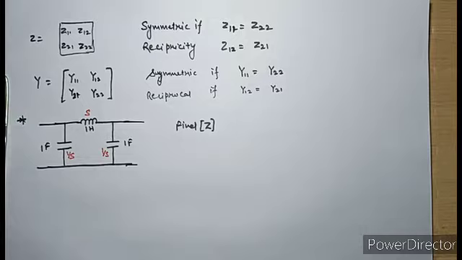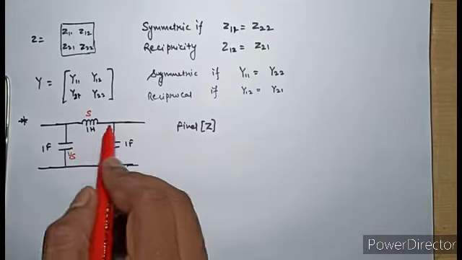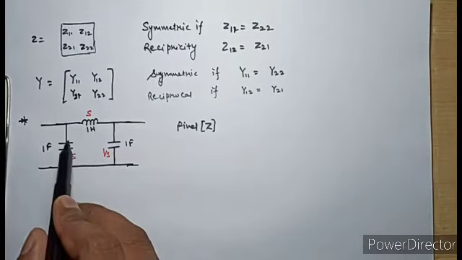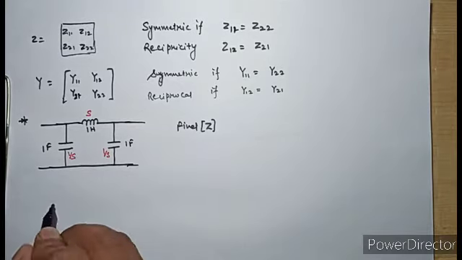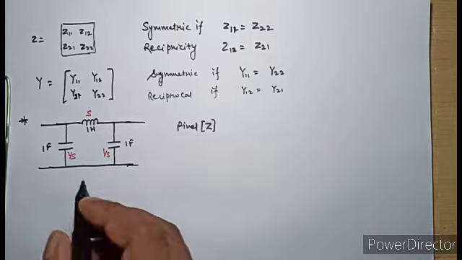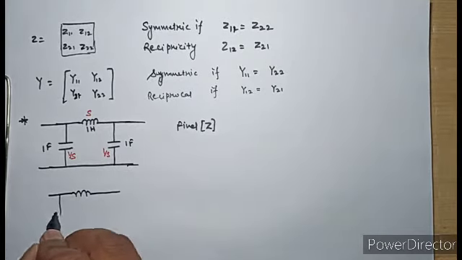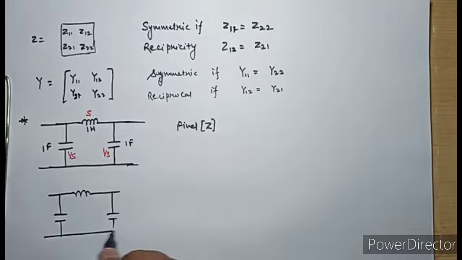Now recall yesterday that this is the standard form, that is the pi model or the pi network for Y parameter. It simply means that we can write the Y parameter for this network easily, right? So for that we have to draw its admittance form.